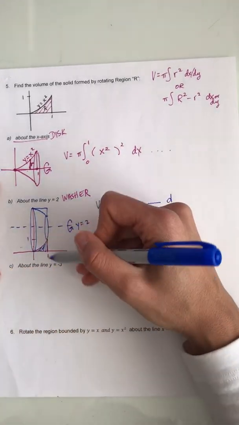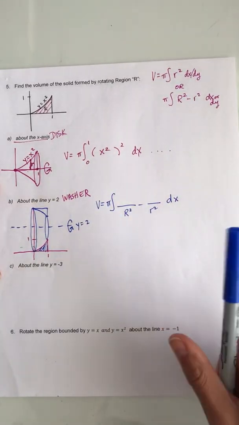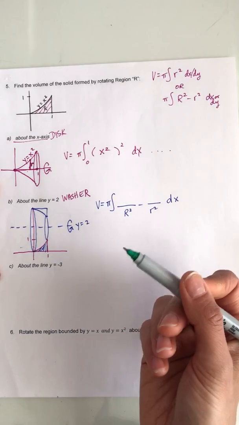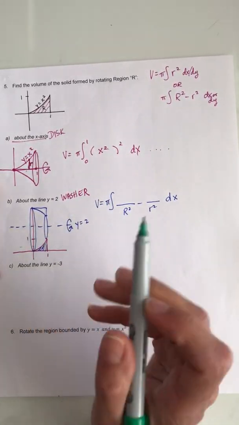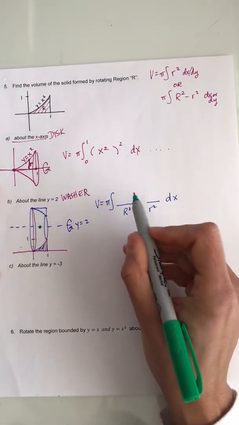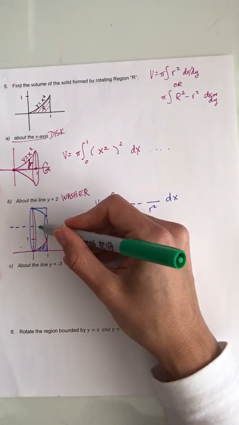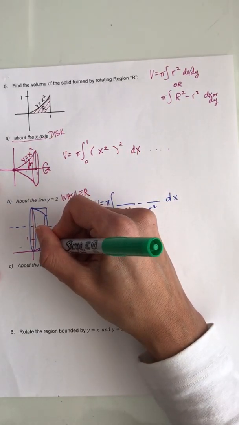So if you're rotating horizontally, this is a dx problem. All right, how do you draw your two radii? You always, again, every single time, start from the axis of rotation, which is y equals 2. Start there. You're going to draw two radii. You have to go to the original curve. So I go and I stop.